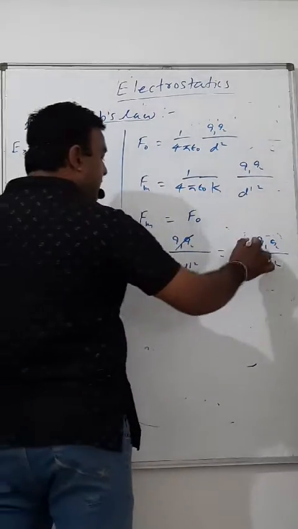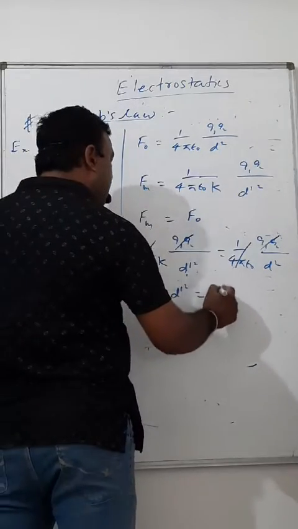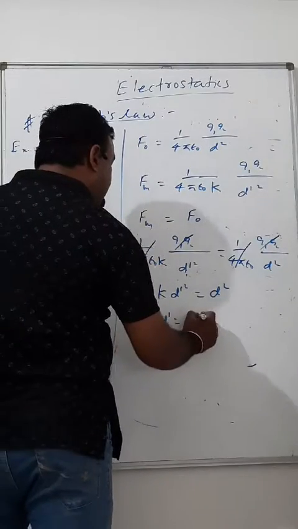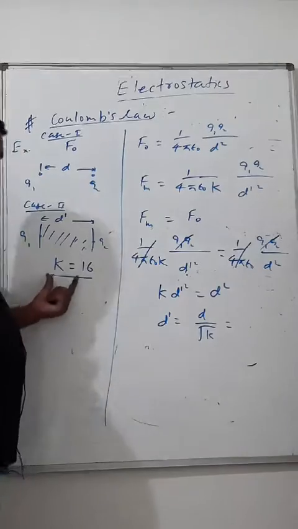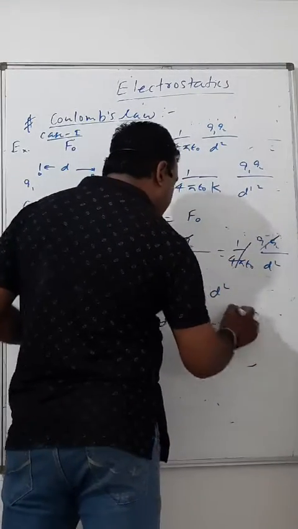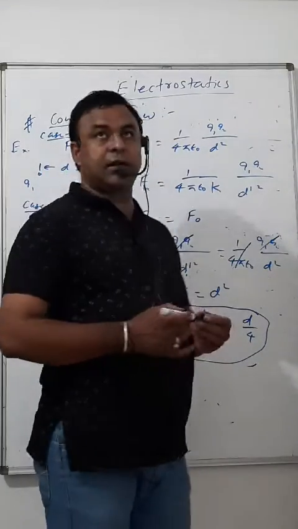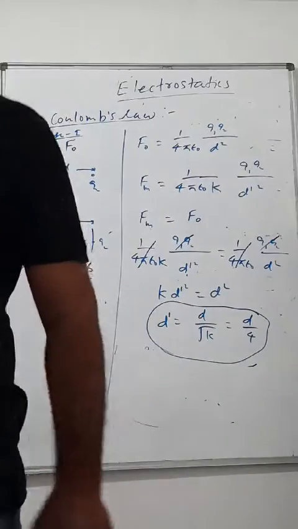This all cancels out. We have K D dash square equal to D square, so D dash is D by root K. K is 16, so D dash will become D by 4. This is another important question regarding Coulomb's law, right?